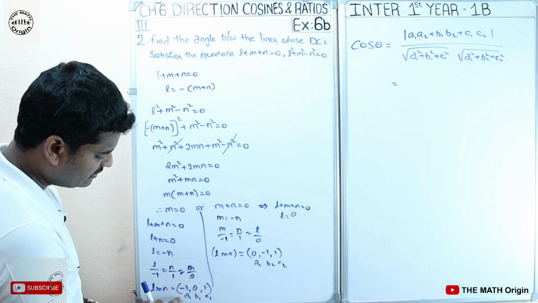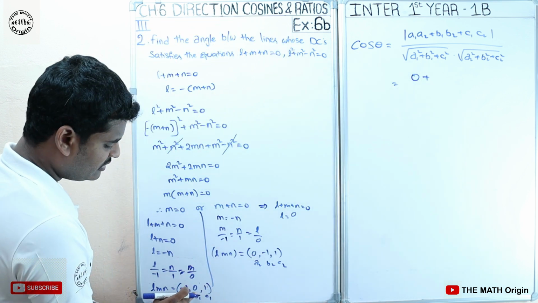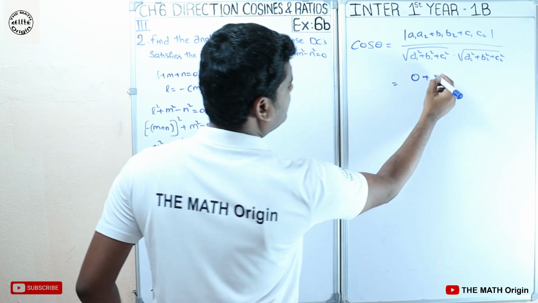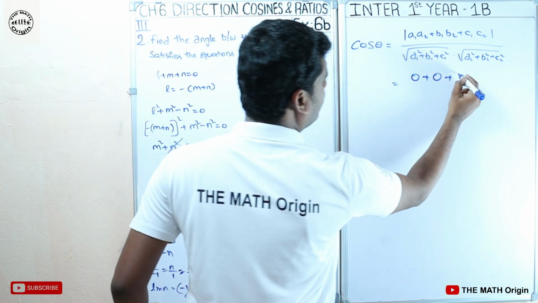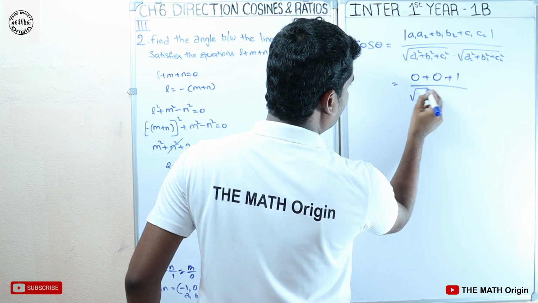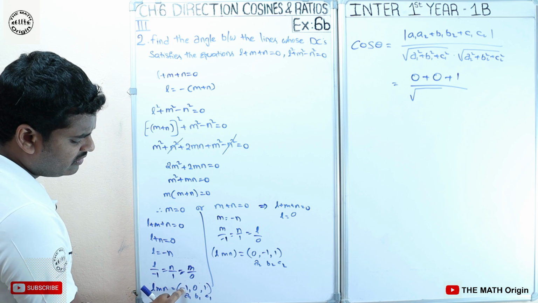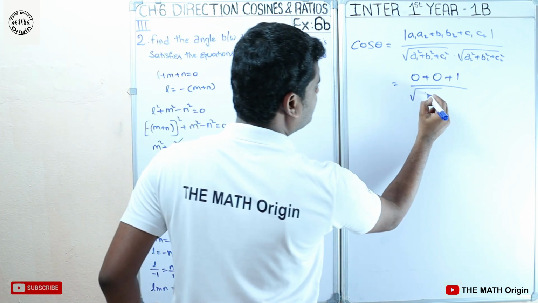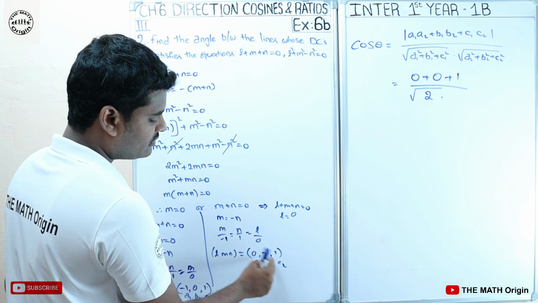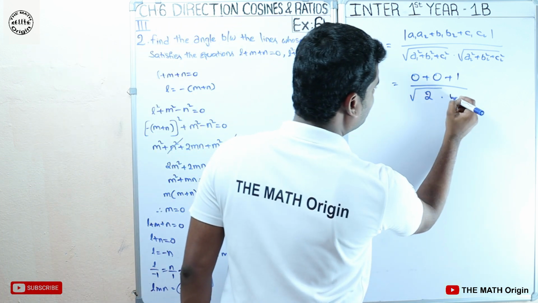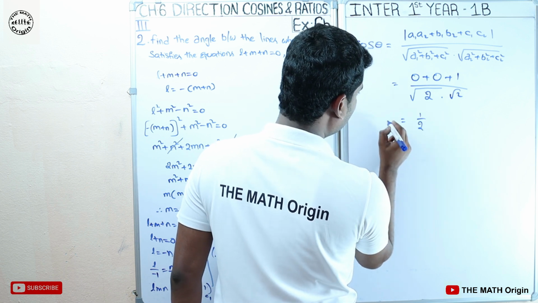What are the A1, A2 values? Minus 1 into 0, which is 0, plus B1 into B2, 0 into minus 1, which is also 0. Next 1 into 1, which is 1. Divided by root of A1 square plus B1 square plus C1 square, which is 1 plus 1, root 2, into root of A2 square plus B2 square plus C2 square, which is 1 plus 1, root 2.